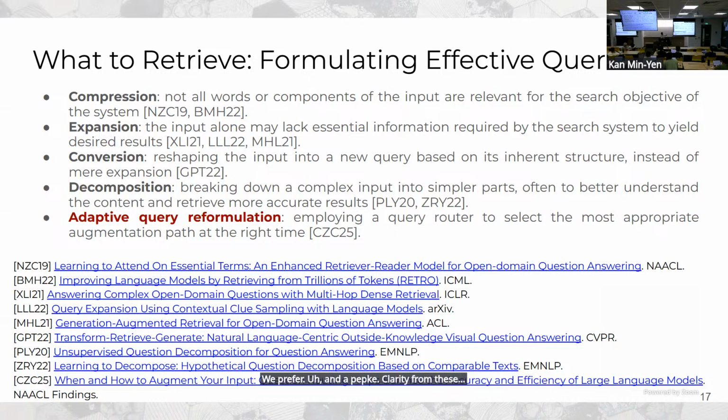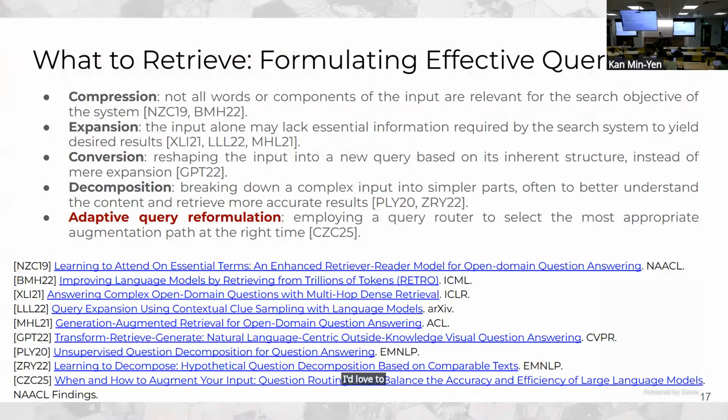Let's look at the red content, adaptive query reformulation. It means adaptively formulating the search query is preferred. Again, at the bottom, we listed a number of papers.